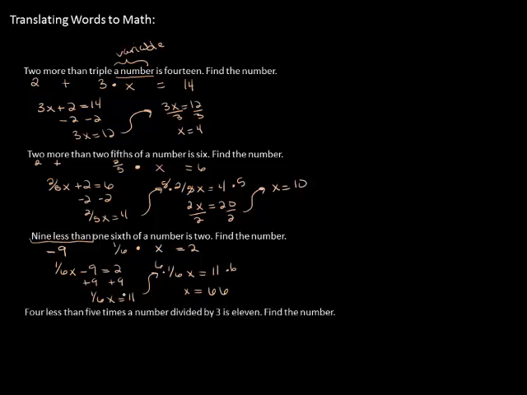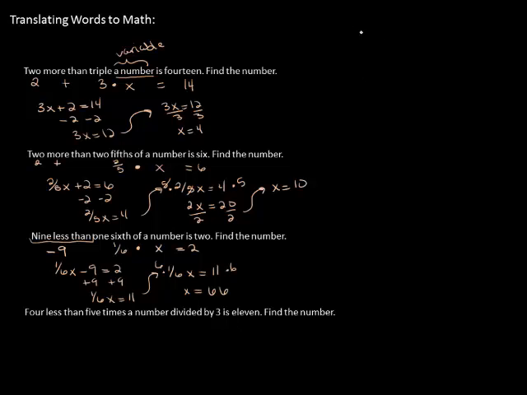4 less than 5 times a number divided by 3 is 11. There are two ways that you could look at this.